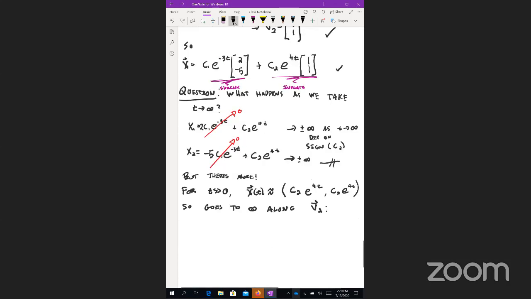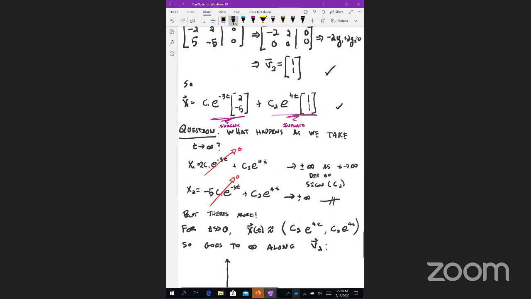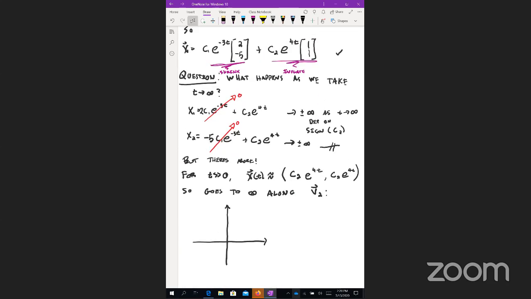Let me draw a picture and show you what I mean by that. So here we have our equation. We've got v1, v2. So v1 is (2, minus 5). Let's just say it's roughly this.